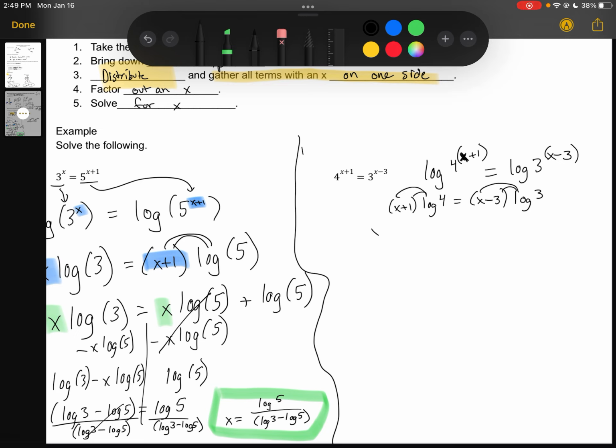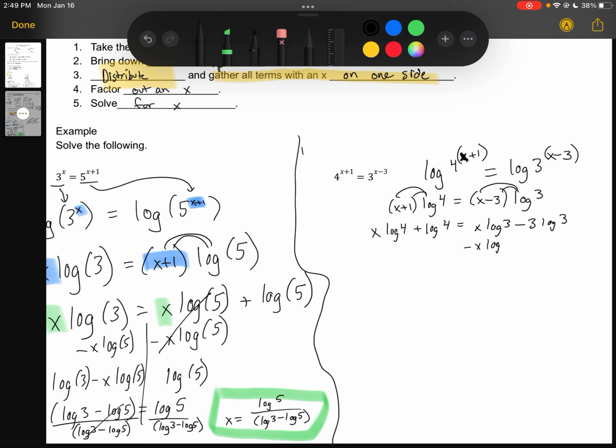Step 3, we want to distribute our log into our parentheses here. And then the second part of this is gather our terms together.